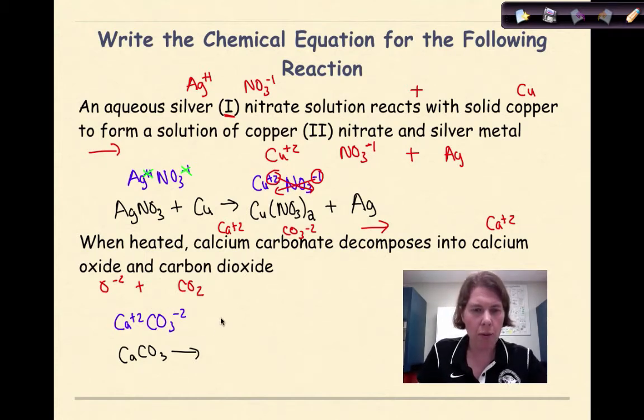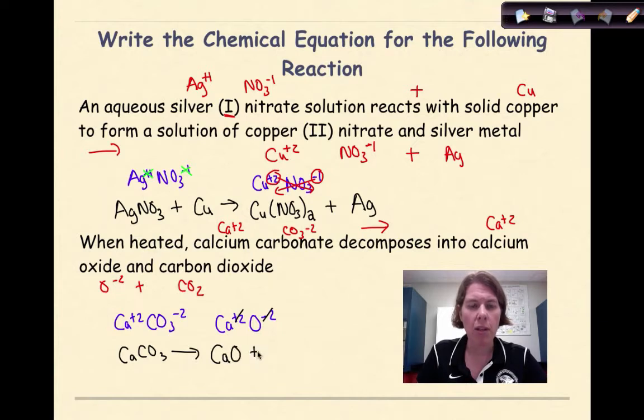So that's going to be Ca plus 2, O minus 2. And again, very conveniently, these are going to cancel each other out. So bye-bye, bye-bye. So this will really be CaO plus, and then finally carbon dioxide. I can just translate that right from the words, so CO2.